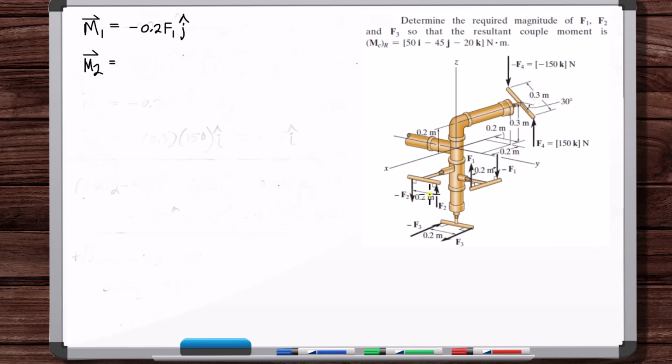M2, this couple vector, is going to be in the x direction. Positive or negative? Put the curl of the fingers of the right hand in the direction of rotation. It's going to be positive i hat.